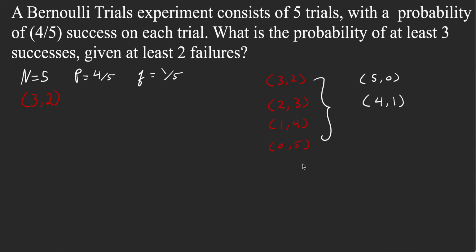Okay, so that means our denominator, the probability of at least 2 failures, is going to be 1 minus 0 fails, 5 choose 0, 4/5 to the 0, 1/5 to the, I'm sorry, that's wrong.